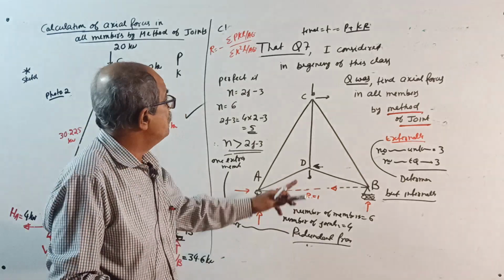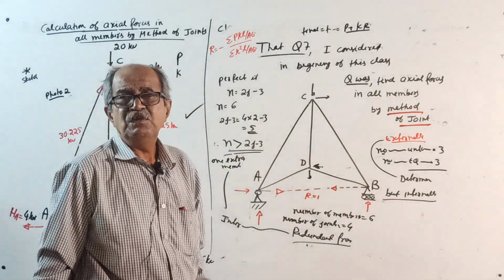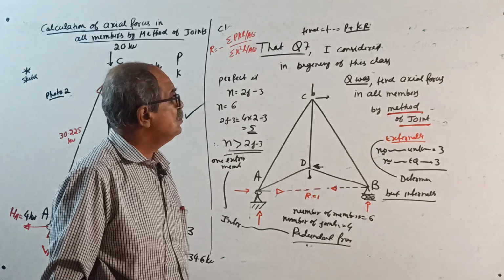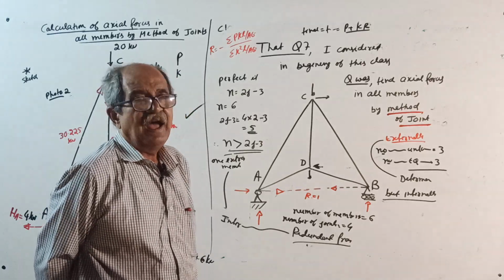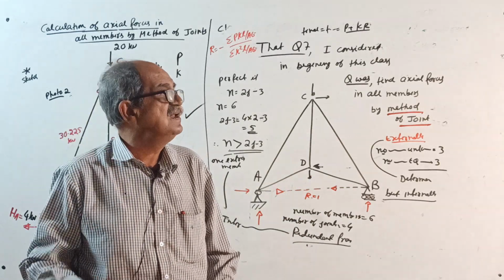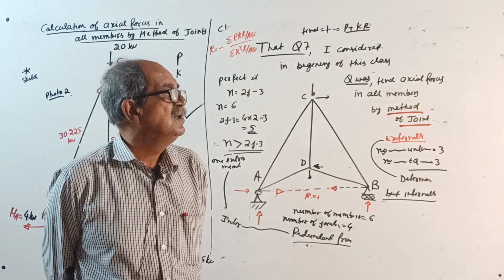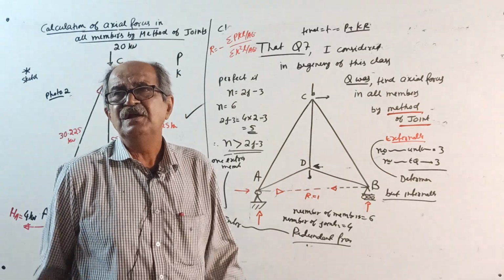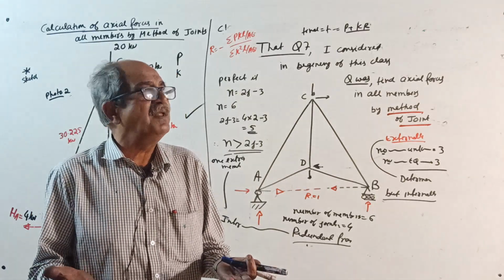Now, someone asked a doubt. Sir, you told earlier... Yes, what? First of all, this question was given in an examination. I don't remember where. The person who set the question had a basic problem.